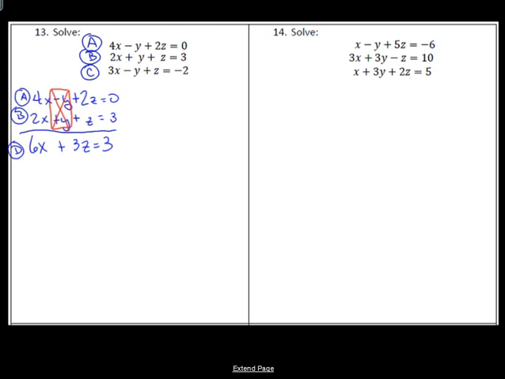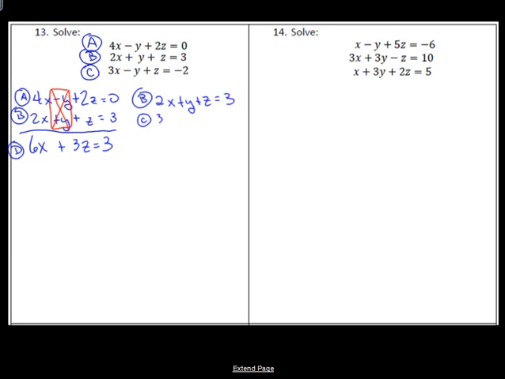I'm now going to go back and put together equations D and C, because my y variable is easy to eliminate there. Whichever one I eliminate the first time, I have to eliminate the same variable the second time. And again, I do not have to multiply either one of them by anything. So I have 2x plus y plus z is equal to 3.